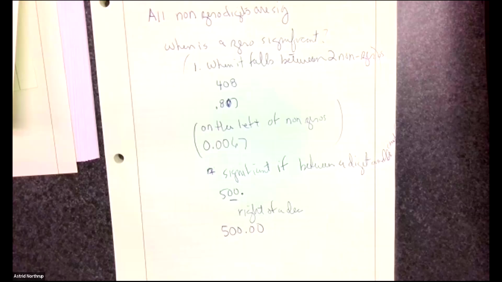So I guess it's easier for me to think about when zeros are not significant. First of all, everything's significant except zeros. When are zeros not significant? Basically, when they're over here on the right-hand side without a decimal point. But then we don't usually write those anyway.